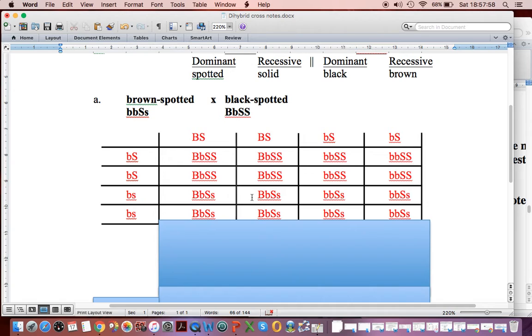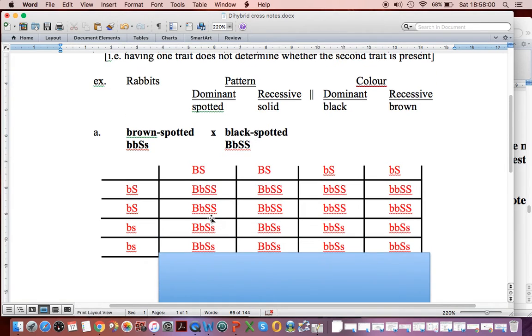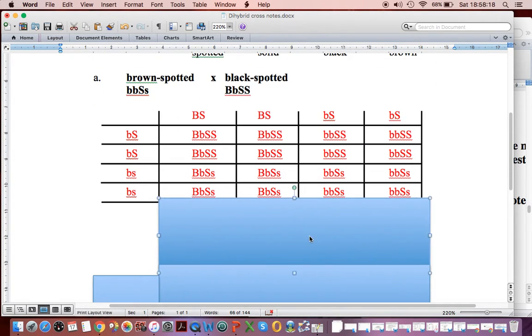Now we go back and we have to interpret these things. Well, we say big B, little b is black, and big S is spotted. And this is identical here, and little b, we know that's brown, and we also know big S is spotted. And so all we do is we interpret all 16 boxes and then establish some ratios.